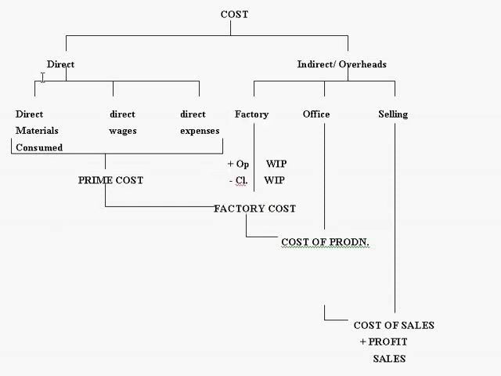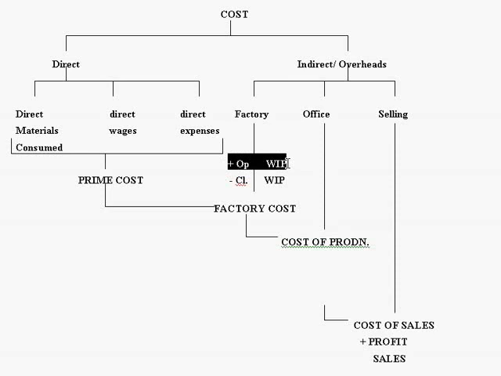So चलो अभी तक हमारा फॉर्मेट क्या है? In the cost sheet सबसे पहले क्या लिखने का? Yes, direct cost. डायरेक्ट कॉस्ट में सबसे पहले direct materials consumed, then direct wages, then direct expenses. You will get a total. Total is called prime cost. Now to the prime cost you will add what? Factory overheads.